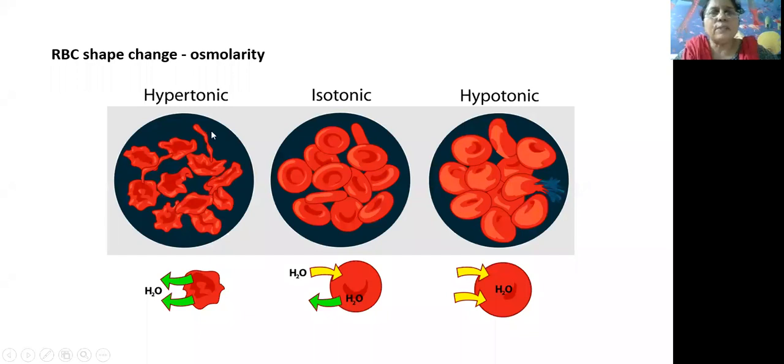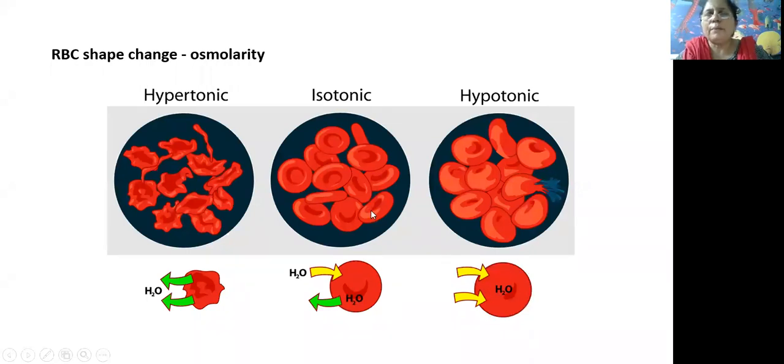Whereas when you put it in hypertonic solution, what will happen? The concentration outside is more, so water will be coming out of the RBC and the cells will be crenated, like crushed. When you put it in hypotonic, that is less than 0.9, like 0.6, a lot of water gets into the cell and the RBC swells.